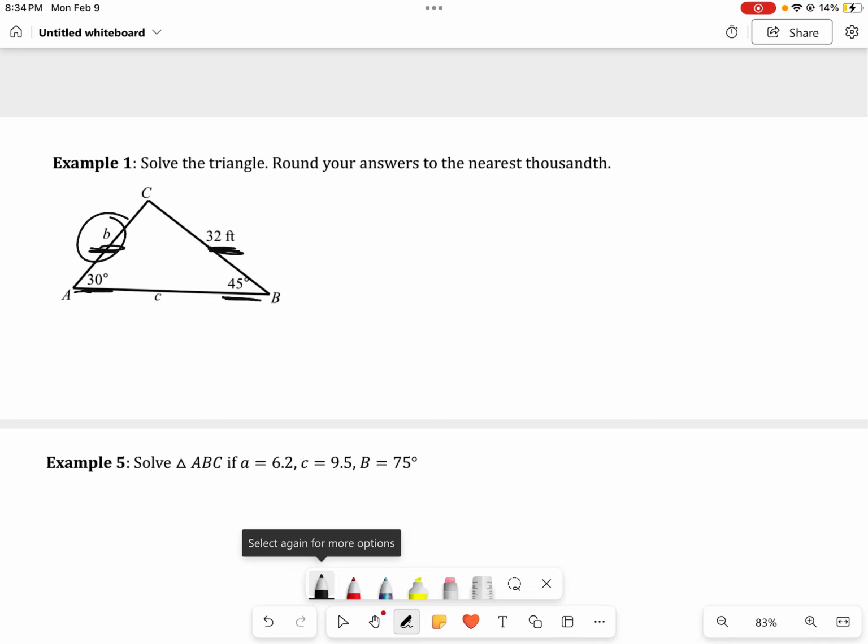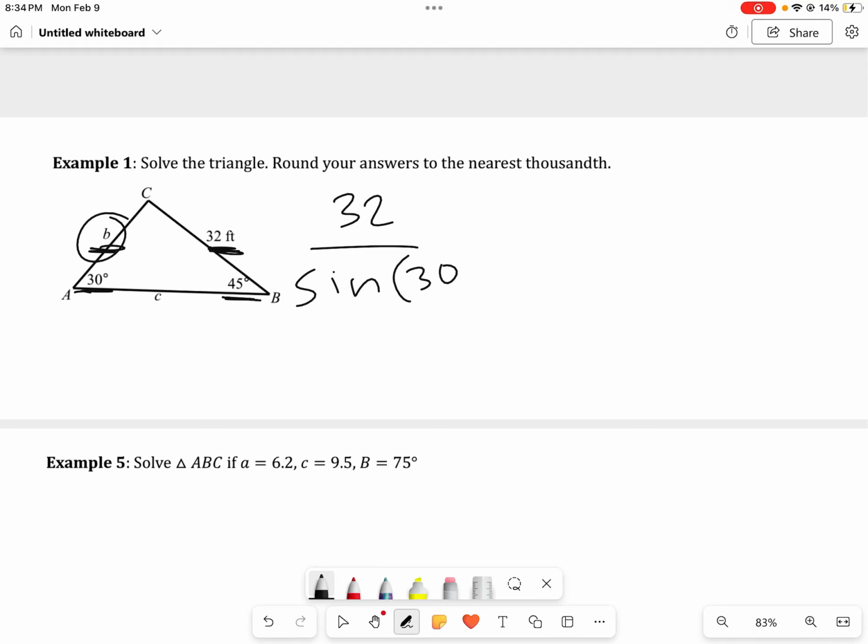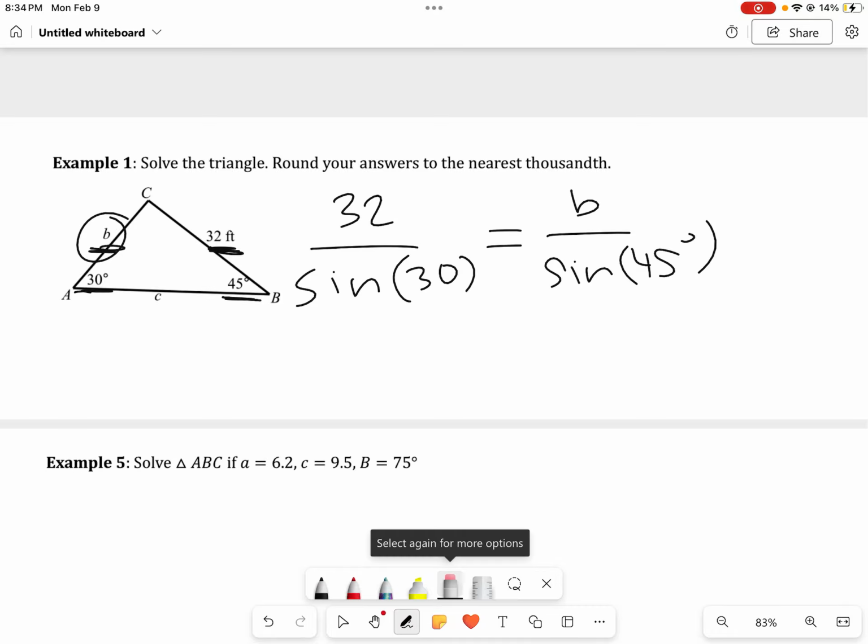So first of all, the law states that we have side A, 32, over sine of angle A, which is 30, is proportionate to B, the side we want, over sine of B, which is 45 degrees. Eventually, you're going to cross multiply.